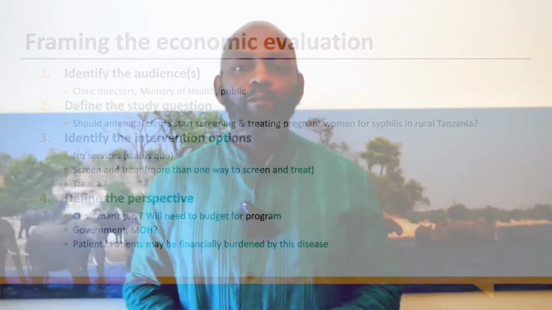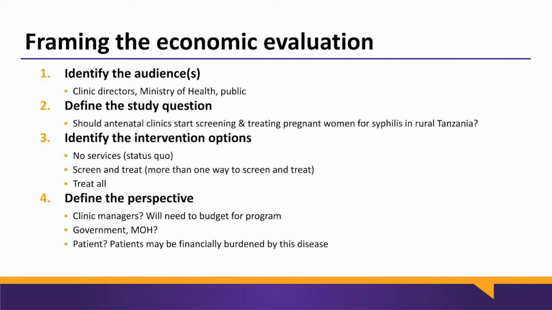And so let's go through those steps that we talked about earlier as far as framing the study and show how we would address those steps with this case study. So who's our audience? Our audience could be a number of different people: clinic directors, Ministry of Health, the public, pregnant women, donors.